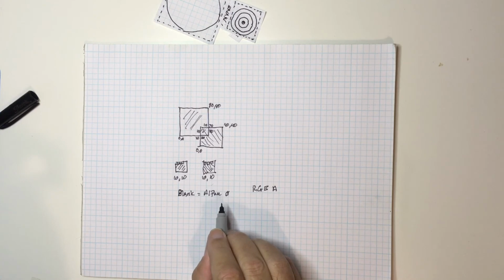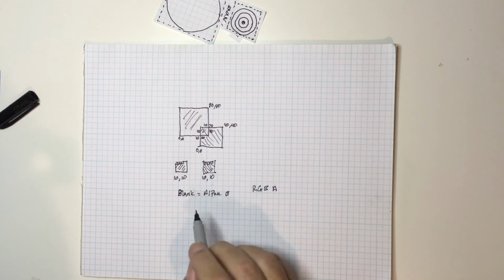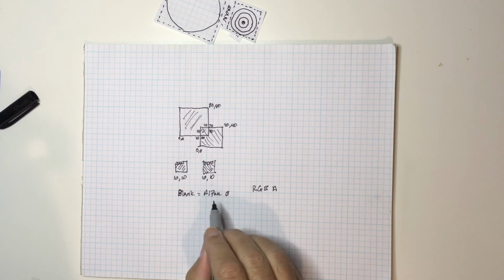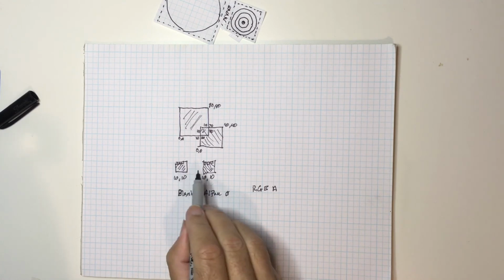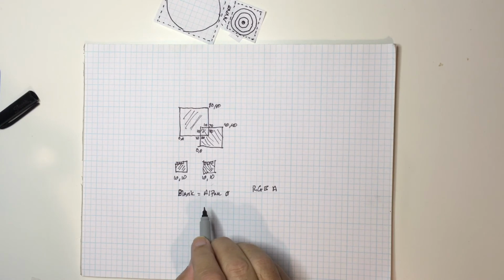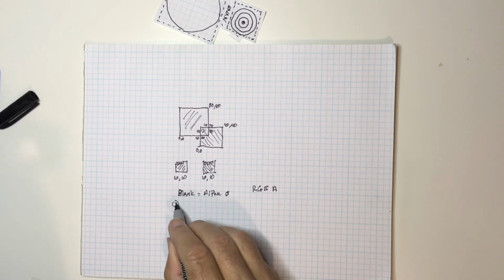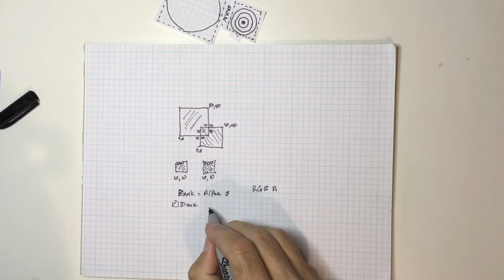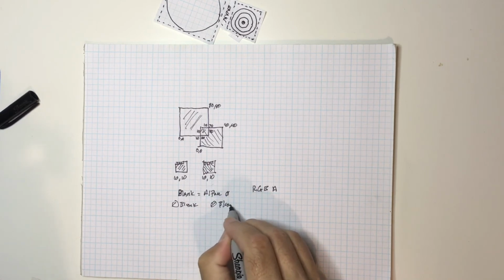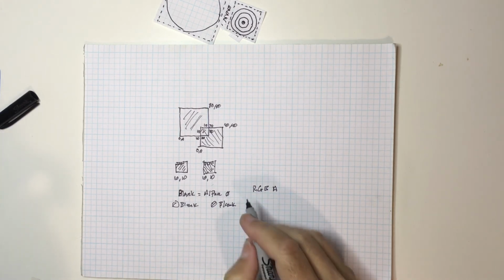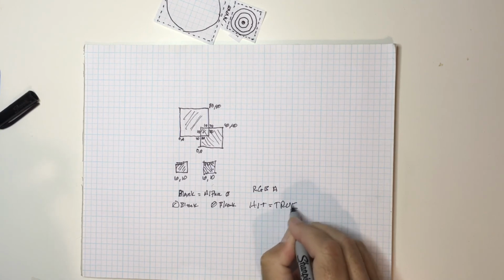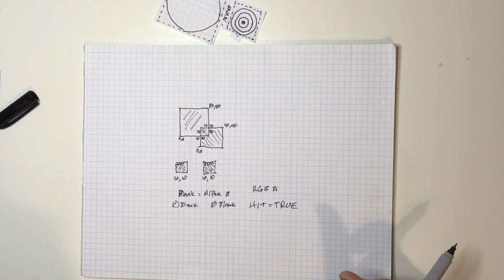But if it's not 0, then there's some kind of pixel data on there, even if it's something dark and blends with the background. So we check the first pixel against that first pixel, and if it's not blank and the other one is not blank, then we know we have two pixels hitting each other, and we can say we have a hit. Hit equals true. That's how we do PerPixel collision.